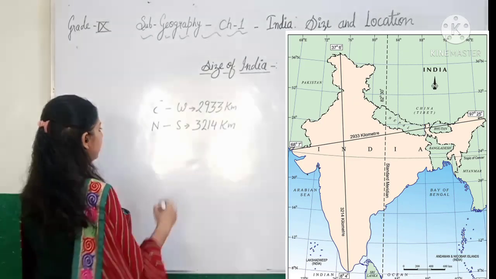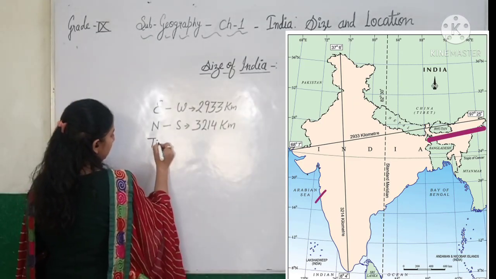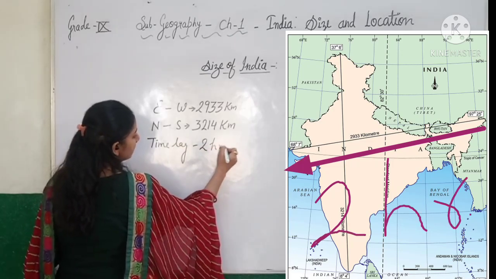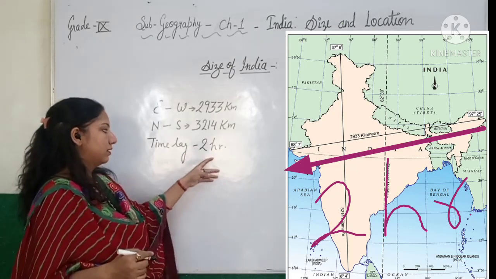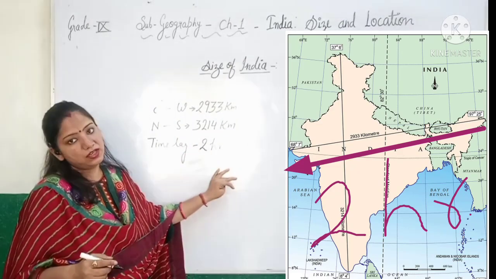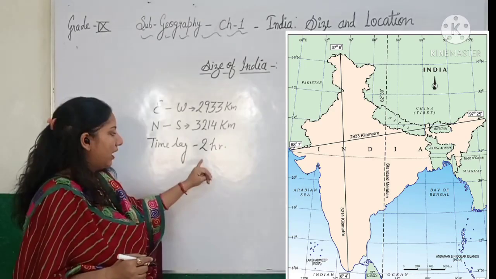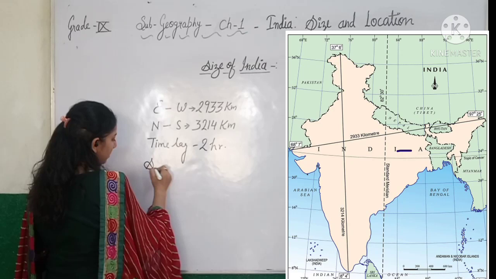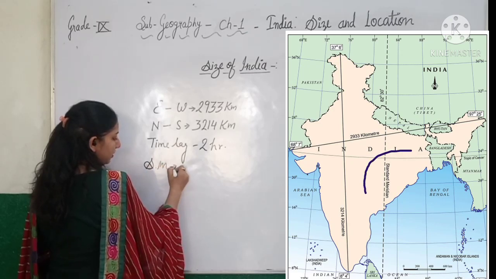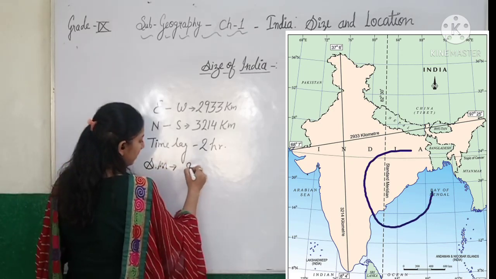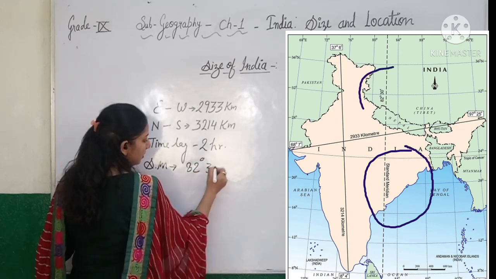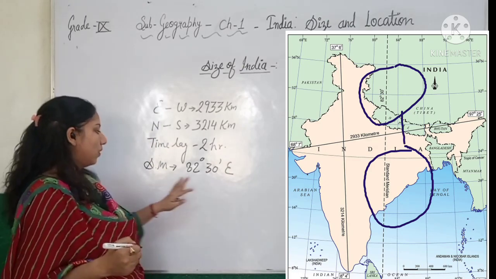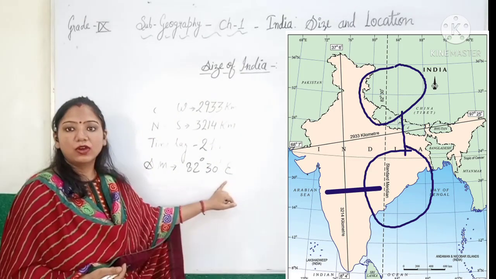The time lag is around 2 hours, which is equally divided into two parts, and the standard meridian of our country is situated at 82 degrees 30 minutes east, which is also known as the time zone of our country.